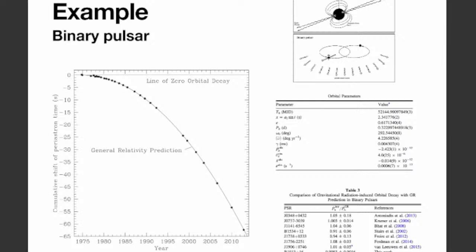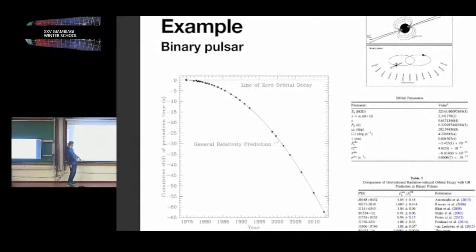In each period, the period only changed by 10 to the minus 12, but it accumulated enough to be 30 or 60 seconds, whatever it is, and so you can see something. So the p is changing, p dot is non-zero, but I leave it to you as an exercise to show that for a constant p dot, this is just a Taylor expansion. That's why it's a parabola, okay?